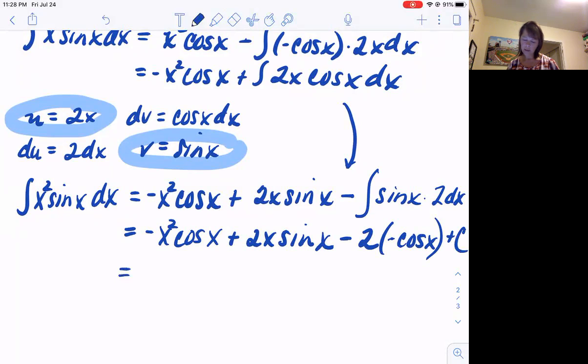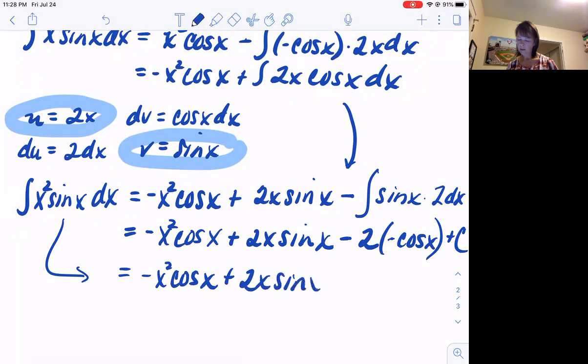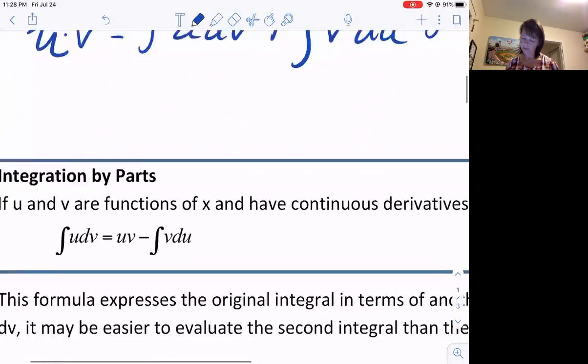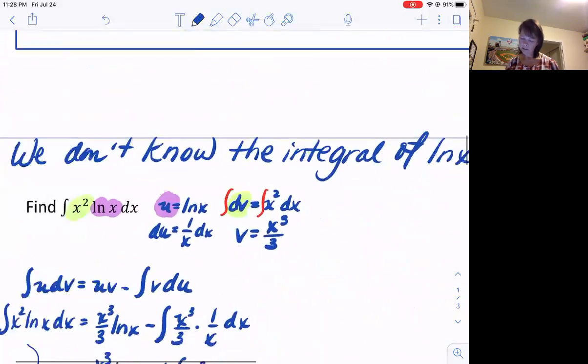So my final answer, the integral of x squared sine x dx, is negative x squared cosine x plus 2x sine x, and then plus 2 cosine x plus c. Sorry about that, I accidentally hit something there.